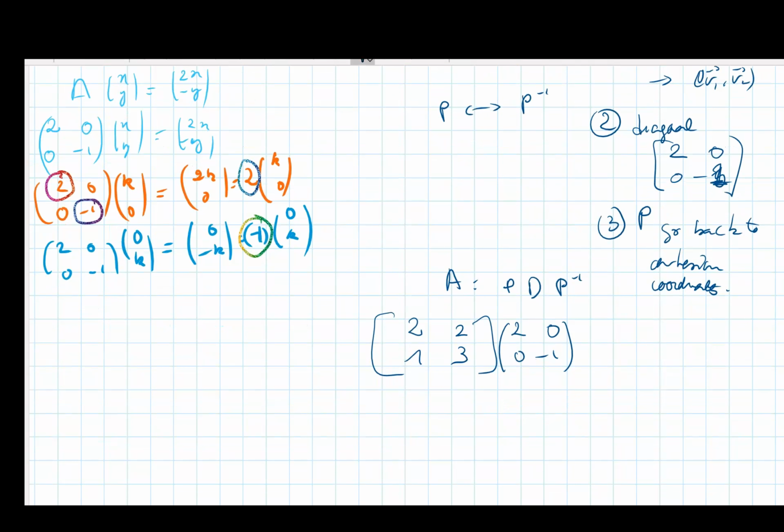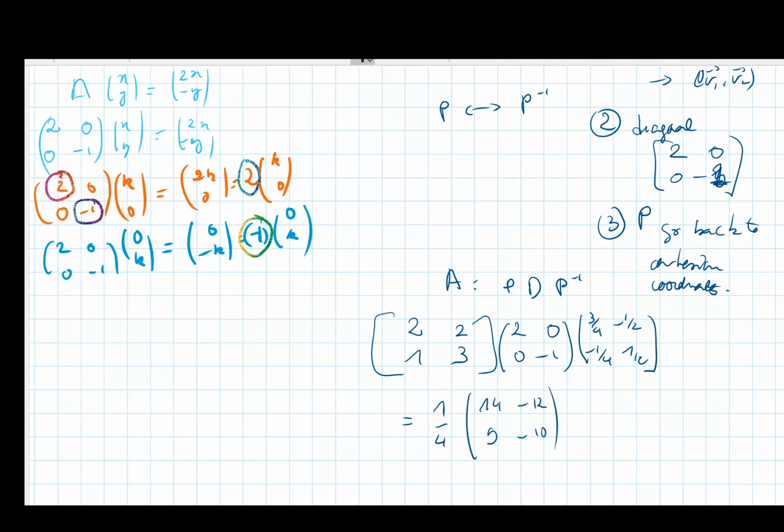P minus 1, which I've computed in advance, is 3 over 4, negative 1 over 2, negative 1 over 4, and 1 over 2. If you do the complete product, you get 1 over 4 times 14, negative 12, 9, negative 10.